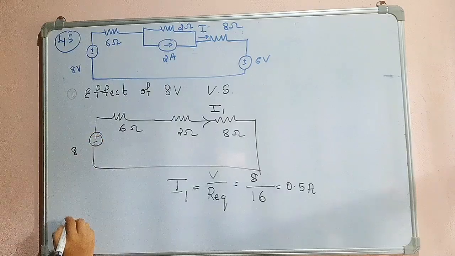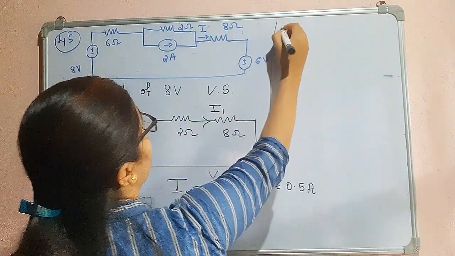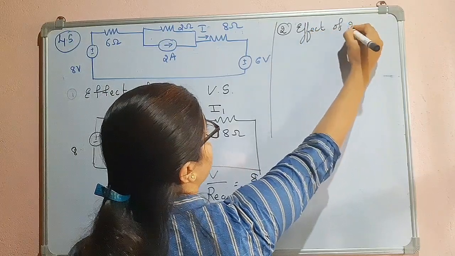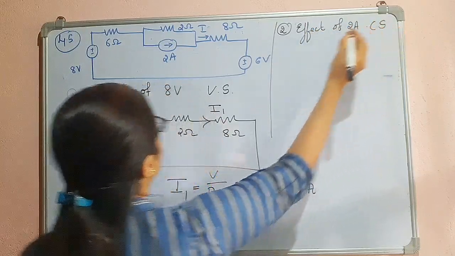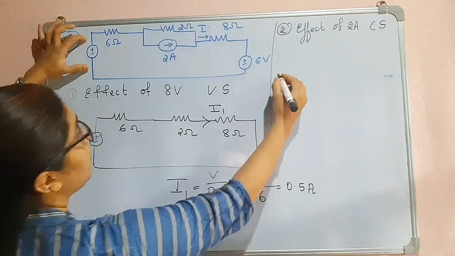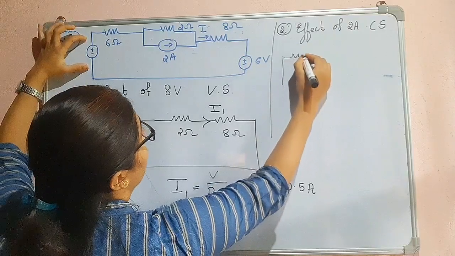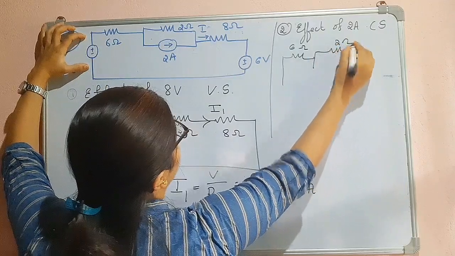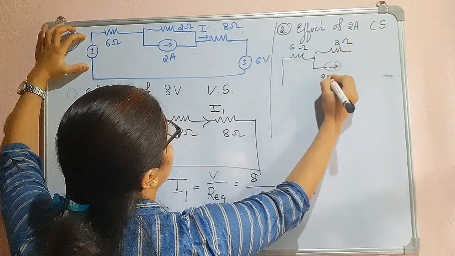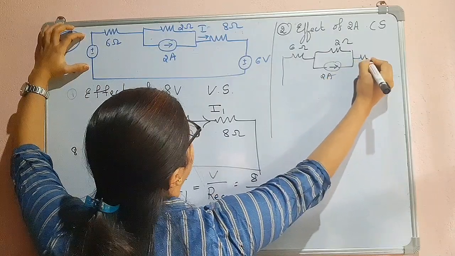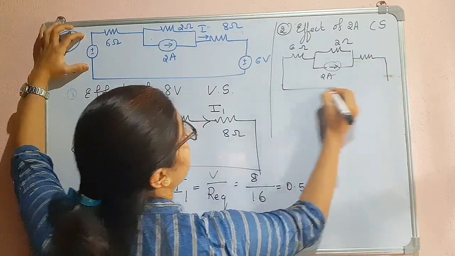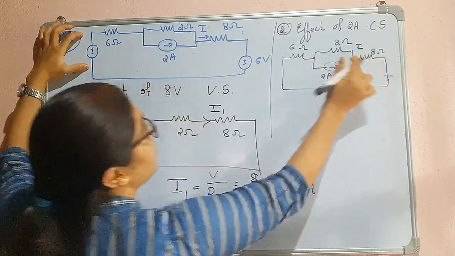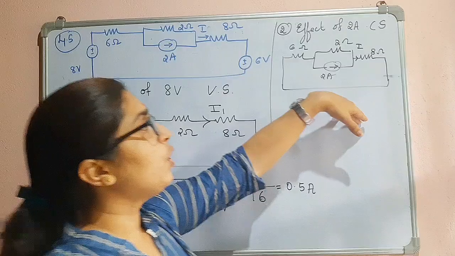Now let us take the effect of the 2 ampere current source. I will redraw the circuit. This one will be shorted, 6 ohm as it is. Here we have 2 ohm. This is 2 ampere, and here we have a resistor. Again this is shorted. Now we have to find the current I. How are we going to find it?